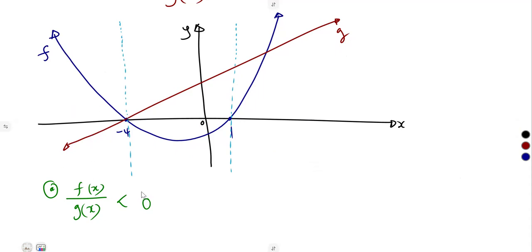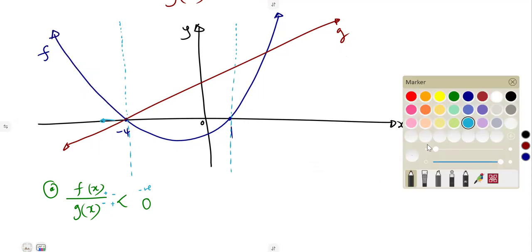To get a negative, we're either going to have positive over negative or negative over positive on our division. So let's check what is happening from -4 going to the left. From -4 going to the left, we can see that our f is above the x-axis.